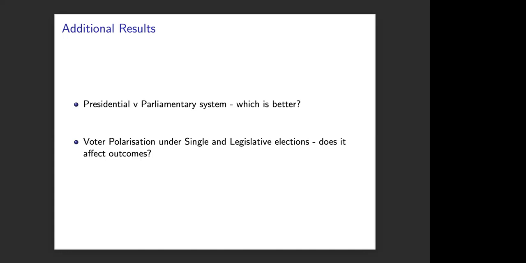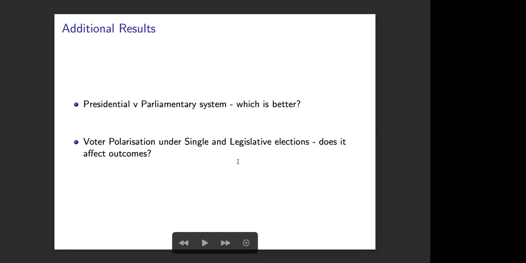In a legislative election, it won't, because remember, your preference intensity doesn't affect how you vote. So if voter preferences become more extreme, this isn't going to change anyone's behavior. While in a single district election, it will change behavior and outcomes, which may make things worse or better. It all depends on your starting point in a single district. But we already know from above that a legislative election is better to begin with.